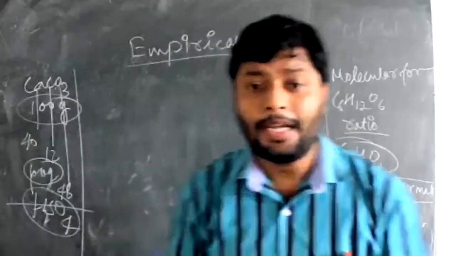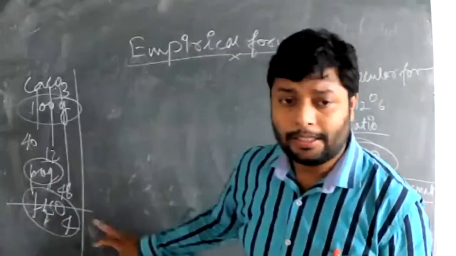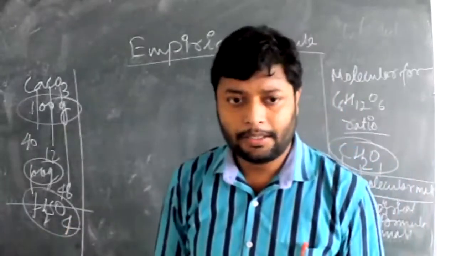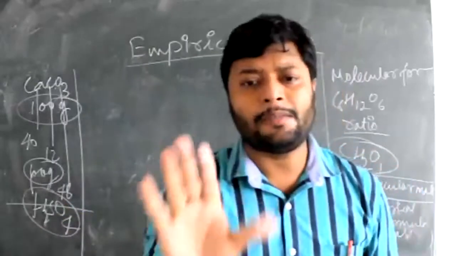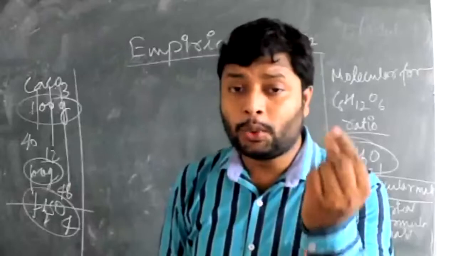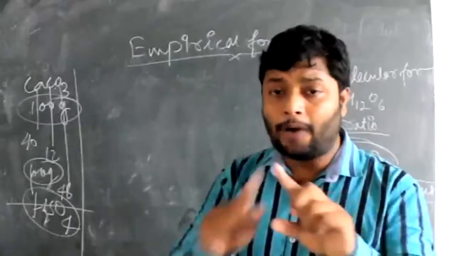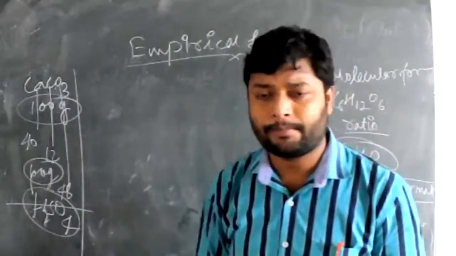Suppose sulfur is given as 25%. Sulfur is present at 25%. What does it mean? If a sulfuric acid molecule has 25% sulfur, it means out of 100 gram of sulfuric acid, sulfur will be 25 gram.